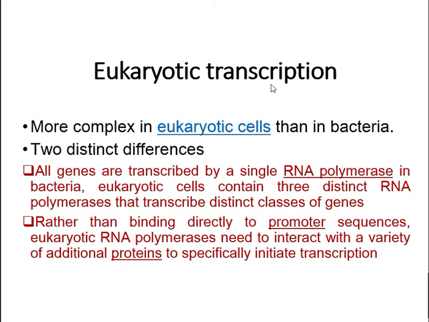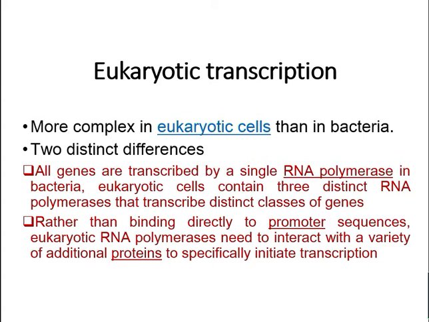Second, in prokaryotic transcription, we saw that the RNA polymerase directly binds to the promoter sequence of the gene to be transcribed. That is, there is a holoenzyme in which the sigma factor is also a part, and we have discussed the subunits of the RNA polymerase enzyme in prokaryotes: two alpha, a beta, a beta prime and an omega subunit.